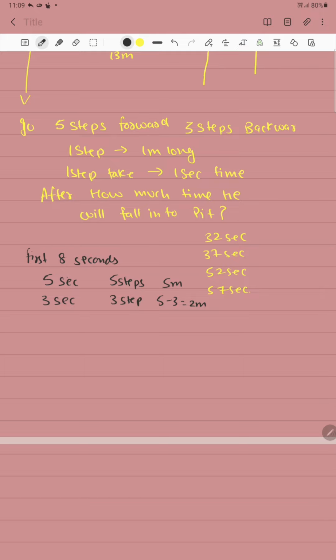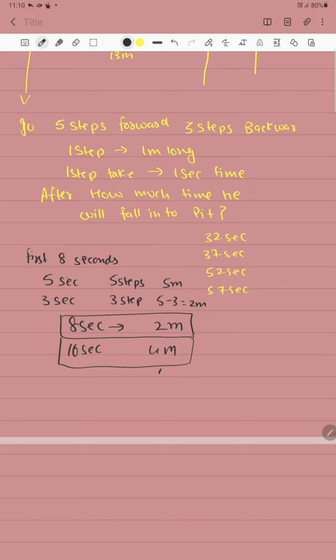Are you agree with this? In every 8 seconds he will move only 2 meter. It means 4 meter will take 16 seconds, 6 meter will take 24 seconds, and 8 meter will take 32 seconds.